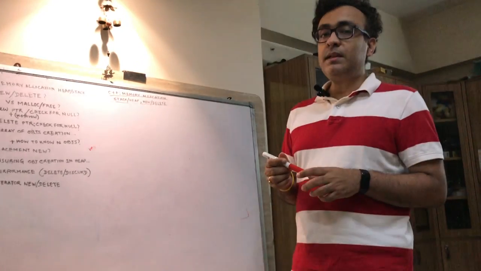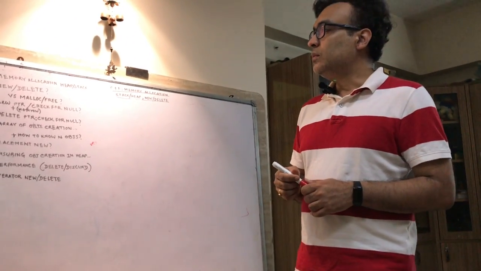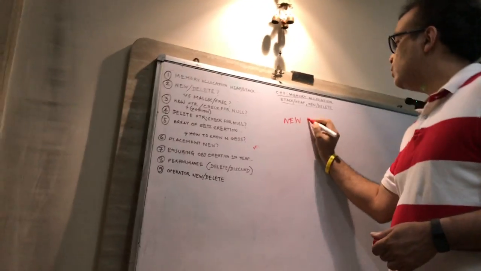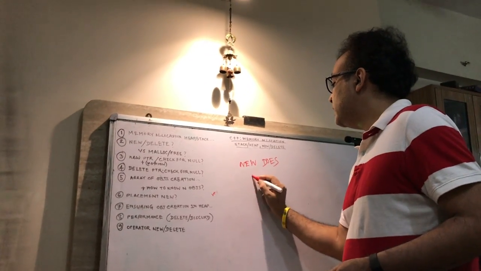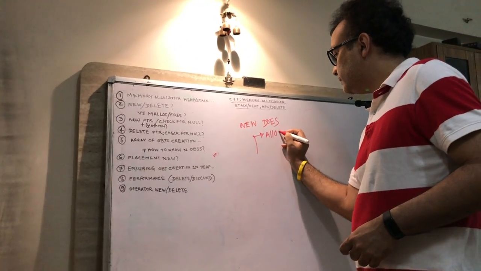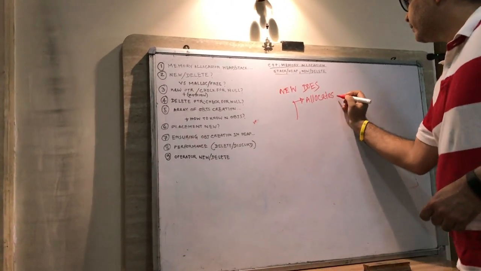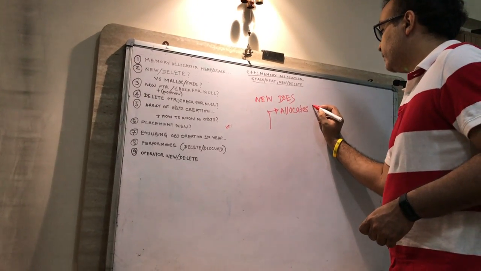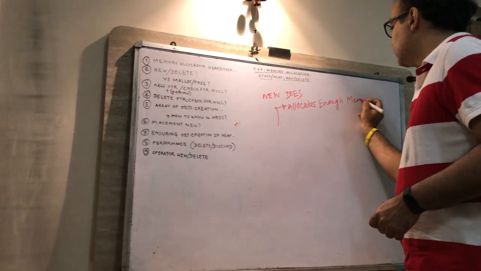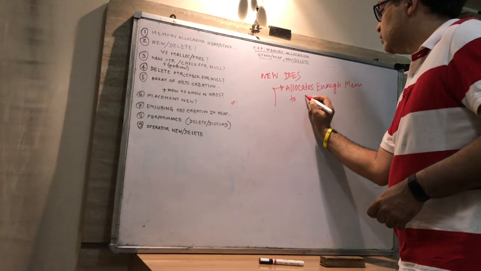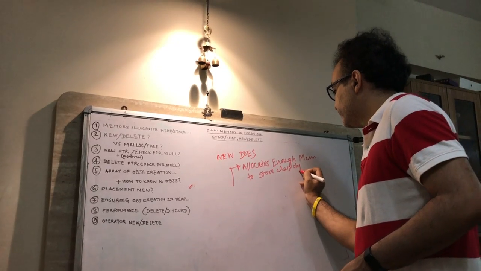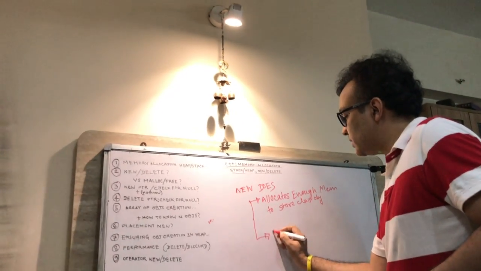So we need to know something more about this new and delete. Now, what is new? What does the new do? New does two things. One is basically it allocates enough memory to store the class object. Secondly, it calls the constructor.